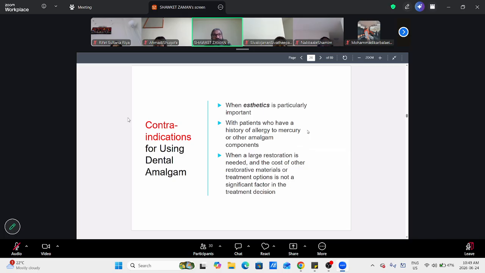Because it contains mercury, silver, tin, copper, and zinc, if anybody has a history of allergy to any of these components, they should not go for restorations like amalgam. Also, when a large restoration is needed and the cost of the other restorative materials or other treatment options is not a significant factor in the treatment decision, in that case it is contraindicated.